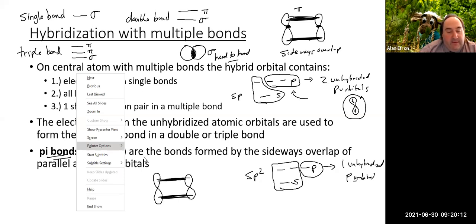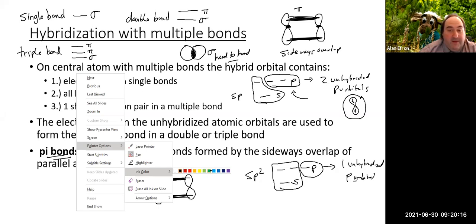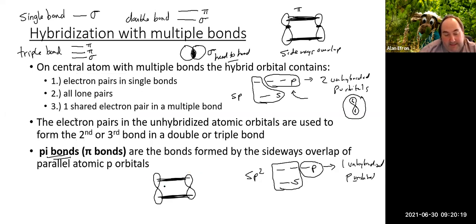So you would have another set, and I'll try to do it in a different color. Maybe it'll help, probably not, and I apologize for the bad drawing here. But we have another set of p orbitals on a different axis, which would also do some overlapping that's going to occur here. Maybe green wasn't the best choice there. And that would be our second pi bond.